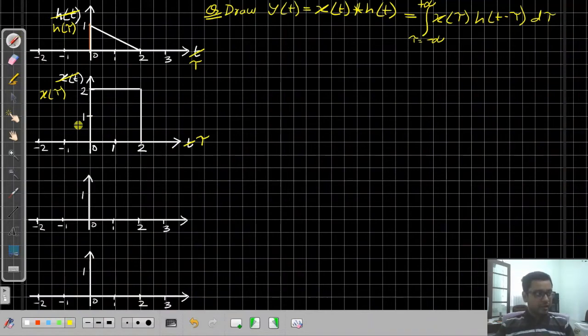We shall first draw h(minus tau) from h(tau), and after that we shall draw h of t minus tau. This is a time reversal of this signal, and then this will be a time shifting. Okay, so let us first copy this.